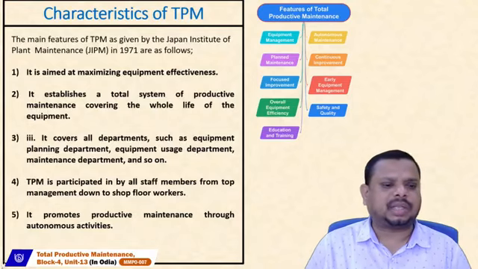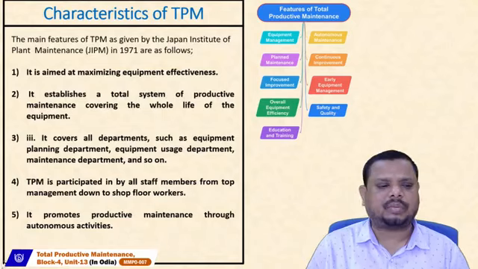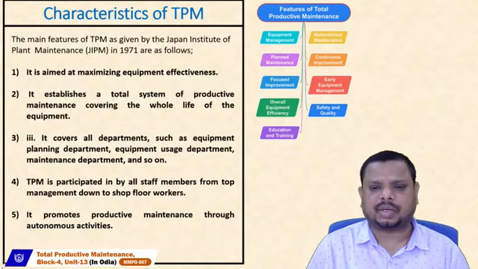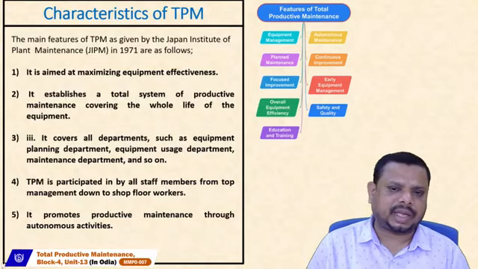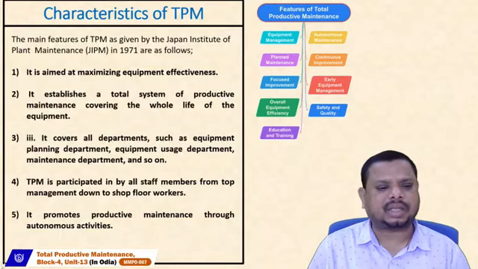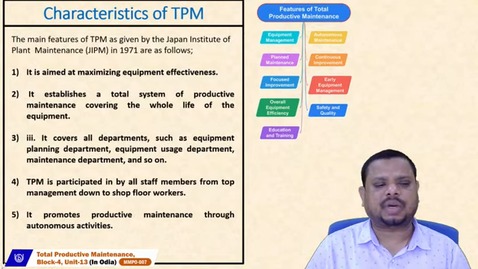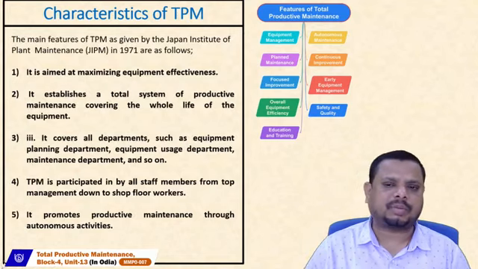The third important part is that it covers all the departments. So who are the departments? The first department is the equipment planning department. In most cases, the mechanical departments and the electrical departments have assigned planning managers or planning engineers. So these two departments basically go for equipment planning, or these are known as the equipment planning department.